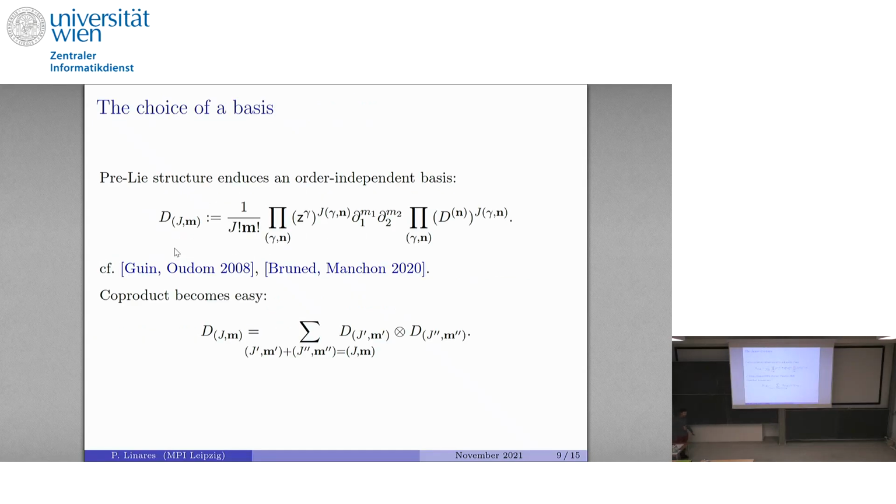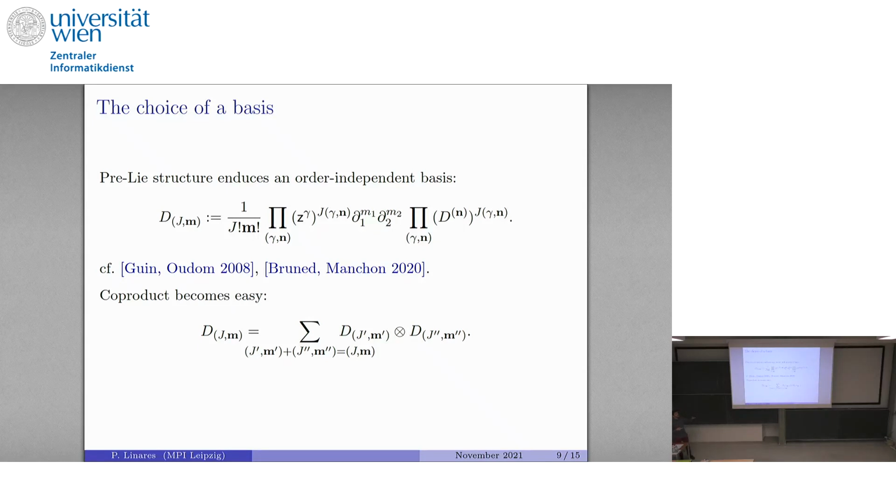Now the next question, we want to do this duality pairing. And for this, we need to choose a basis in our universal enveloping algebra. So what we do is we take advantage of the fact that we have a pre-Lie structure, which allows us to decompose Z gamma dn into the multiplication part and the derivation part.